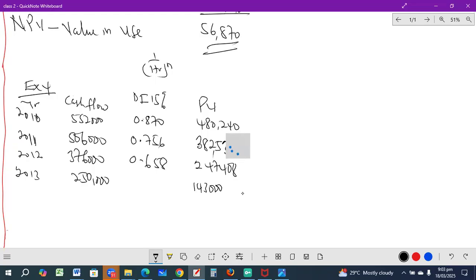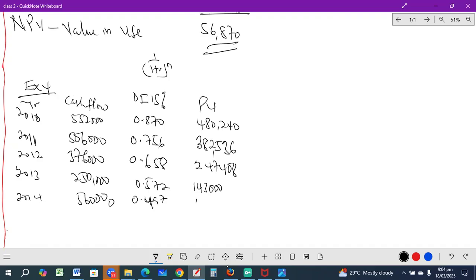Okay. So 2014 is 560, and then the discount factor was how much? 0.497. So the last one is how much? 278,320.